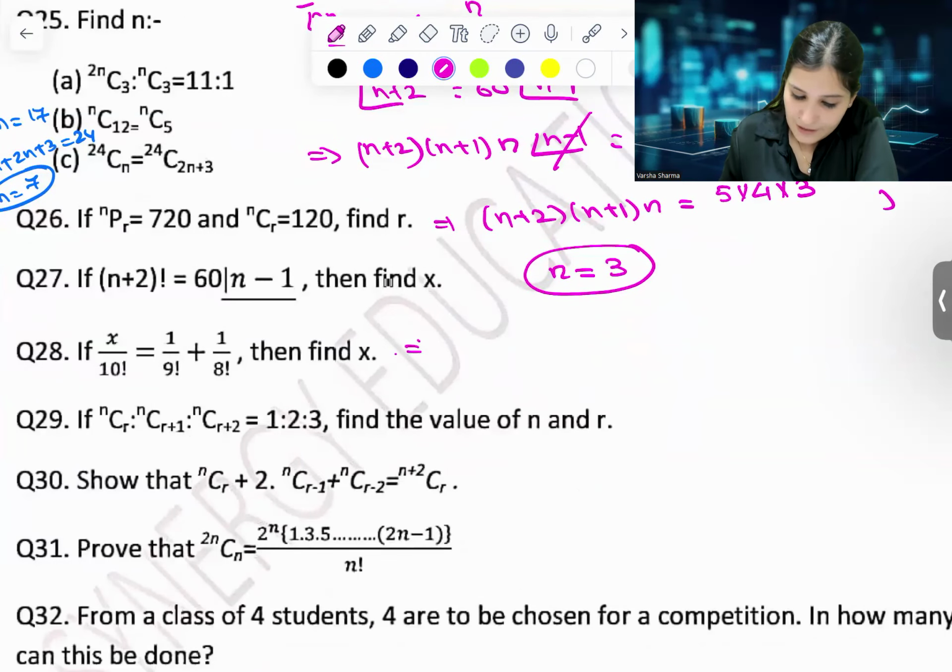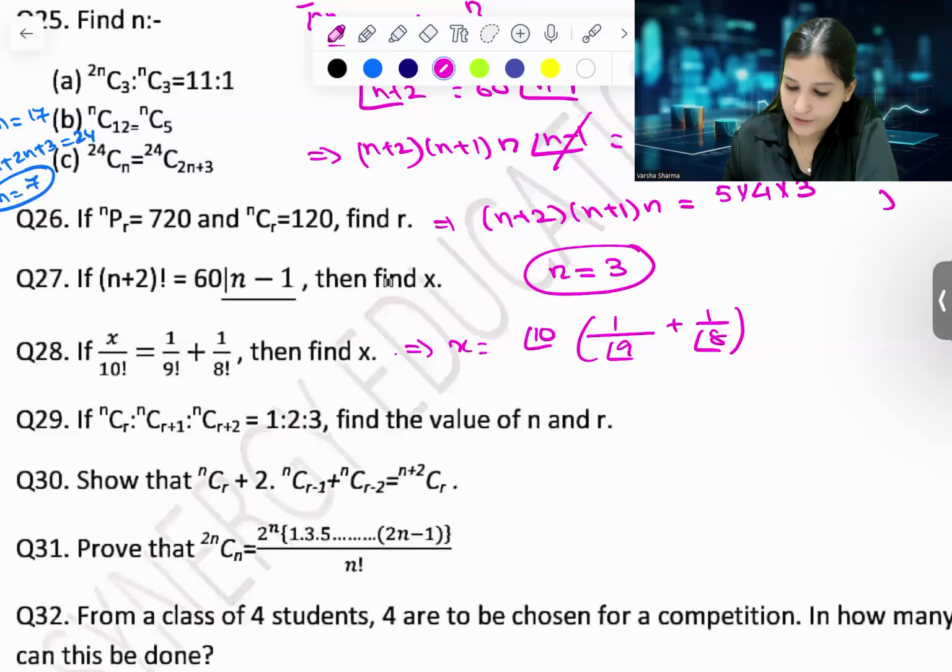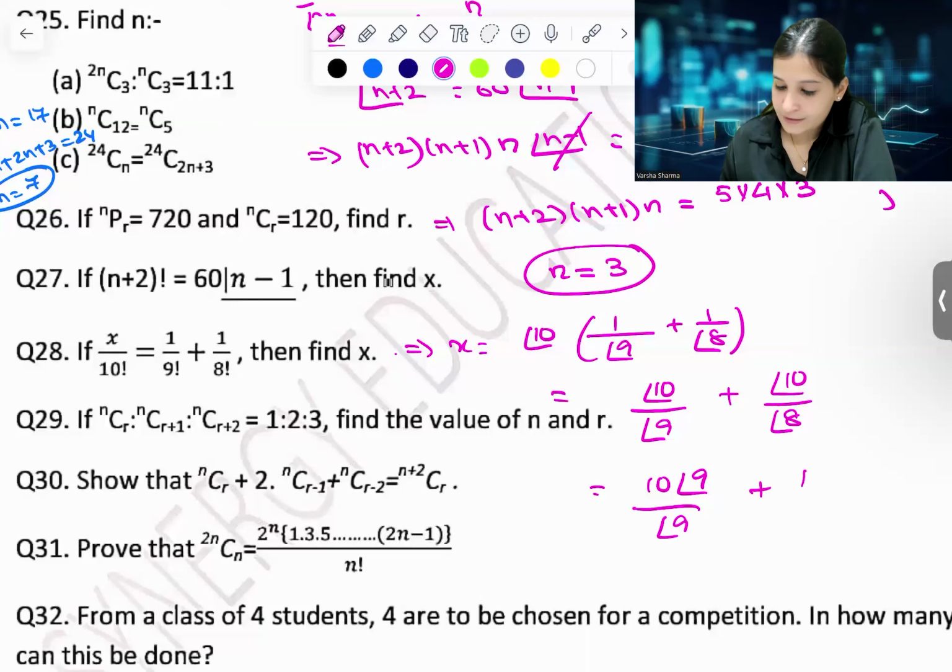28. X can be written as factorial 10 by factorial 9, plus factorial 10 by factorial 8. 10 into factorial 9 by factorial 9, 10 into 9 factorial 8 by factorial 8.